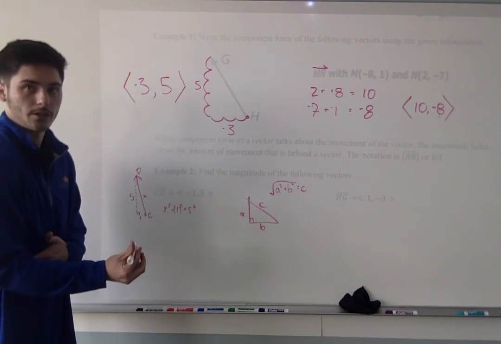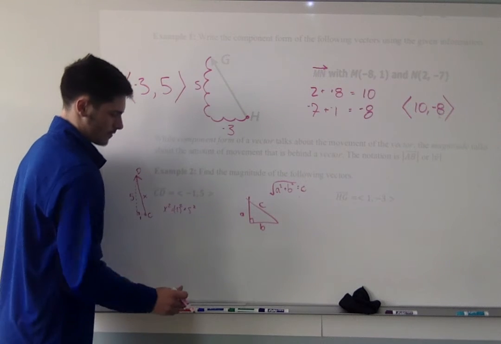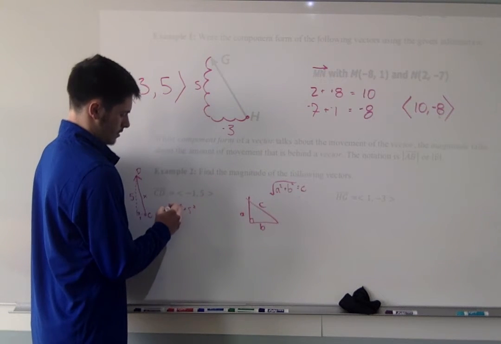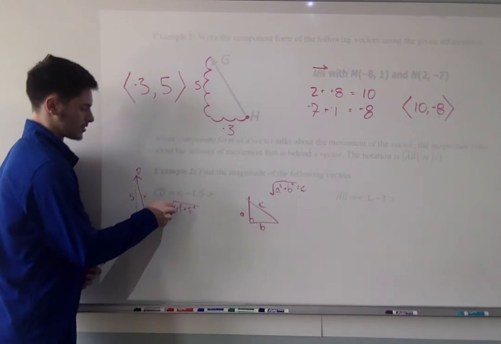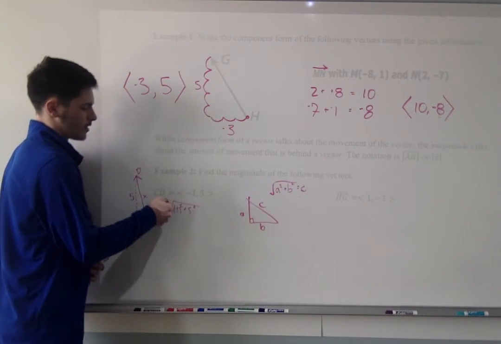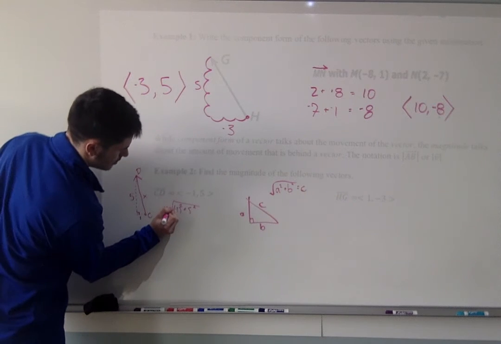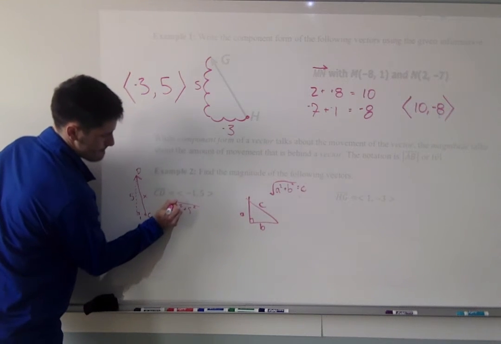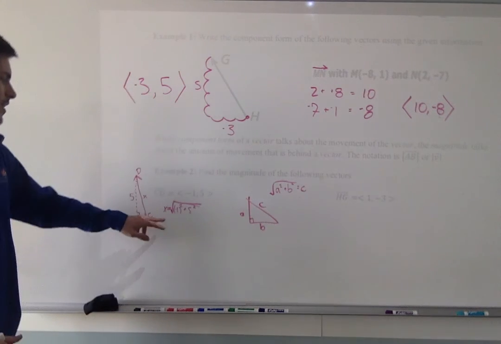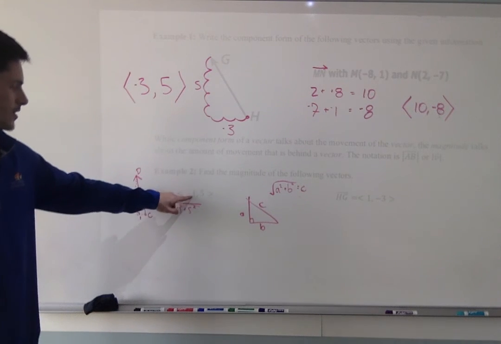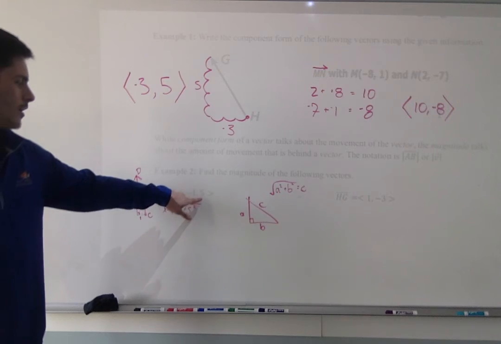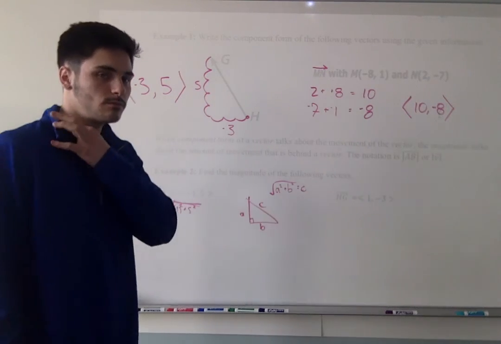Or more specifically, we could say that X equals the square root of negative 1 squared plus 5 squared. That looks kind of rough, but X is the square root of negative 1 squared plus 5 squared, because that's our X value and our Y value of distance.